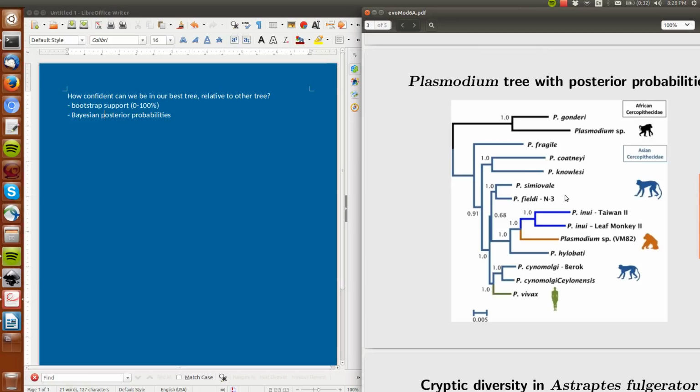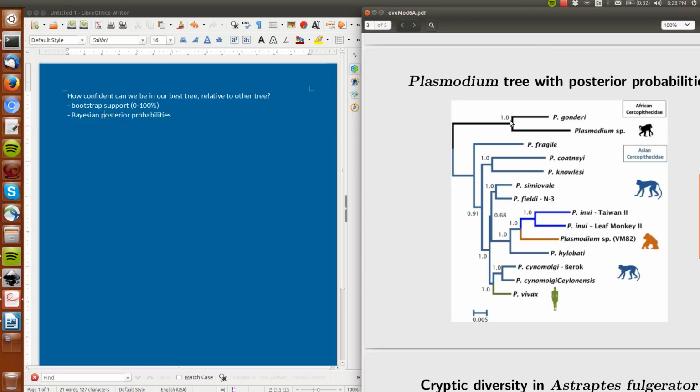The thing I want you to see: here we have a bunch of branches, and here's our best topology. You'll see all these numbers on here, 1.0, 1.0, 0.91, 0.68. That is from our computational algorithm, and this is done in a Bayesian framework, which is somewhat related to likelihood. It is simply the probability that this is in fact the appropriate branching pattern.